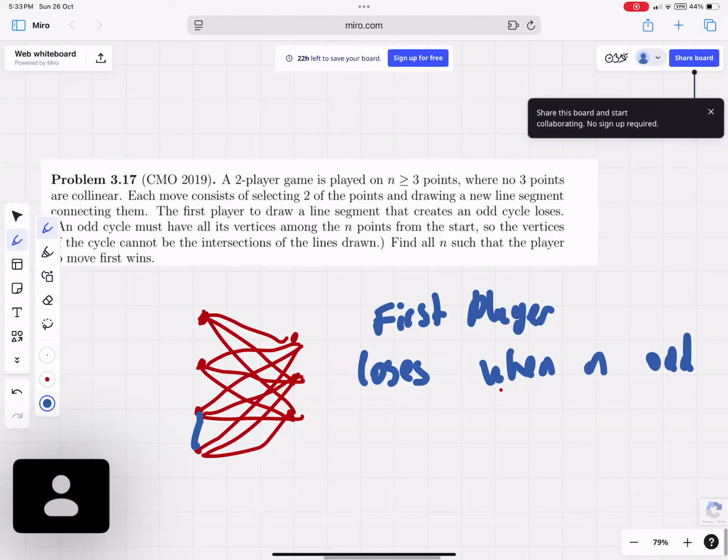Oh, if 4 divides n, we can. But why do we get the second guy to win? If we divide the total number of vertices into four parts, the second guy will just copy what the first guy is doing.